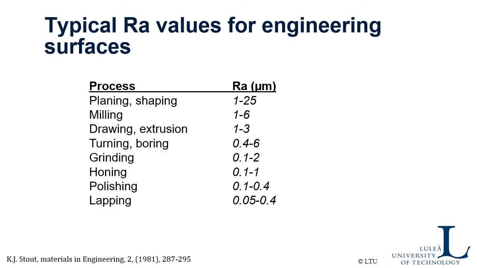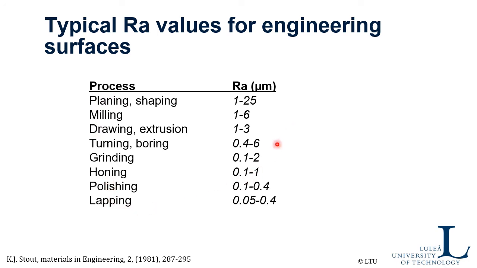And if we now stick to the Ra value for a while, even if I don't like the Ra value for tribology, it still tells you about the surface finishing techniques' capability to make smooth surfaces. You can see here that the primary processes create relatively rough surfaces, but then you go on with grinding, honing, polishing, and lapping.